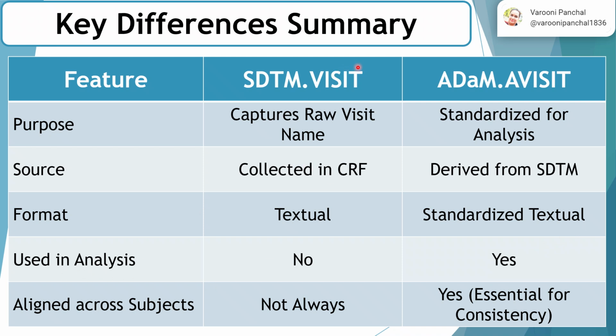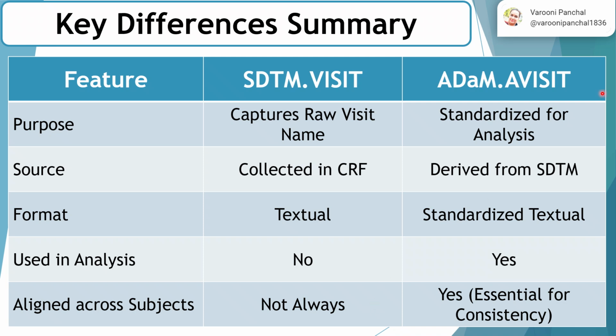So this specific SDTM.VISIT variable is not used in analysis. Like I said, it may be used for patient profile listings just to check the database, whereas the ADaM.AVISIT variable is used for analysis. That's why it is made as an analysis-ready structure. Now this specific variable SDTM.VISIT is not always aligned across subjects. So you will see some visits are not correctly mapped, and not aligned well between subjects.